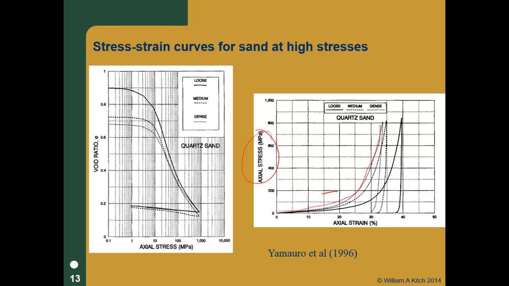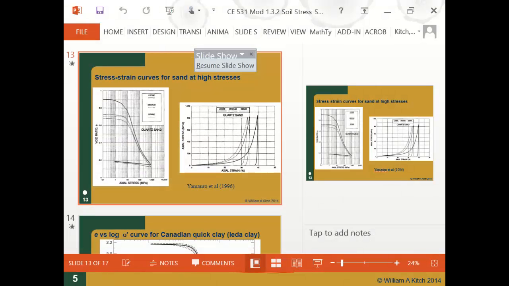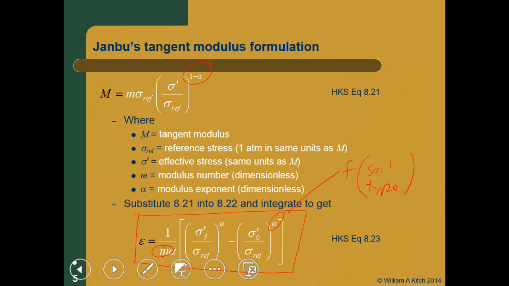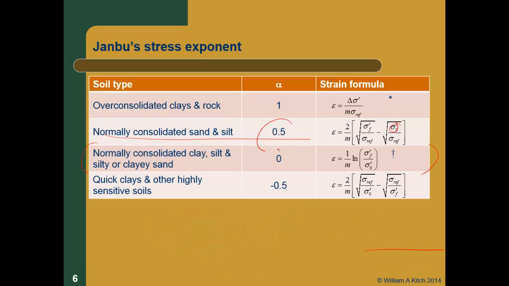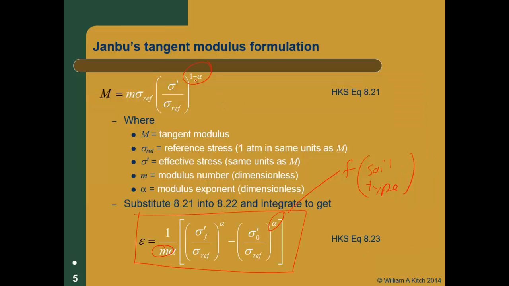And so Yambu just fit a bunch of these and says, when the total exponent is about 0.5, it seems to fit those. He has that alpha is equal to 0.5. Well, that makes this total exponent 1 minus 0.5, which is 0.5. So when this exponent was 0.5, that seemed to fit.